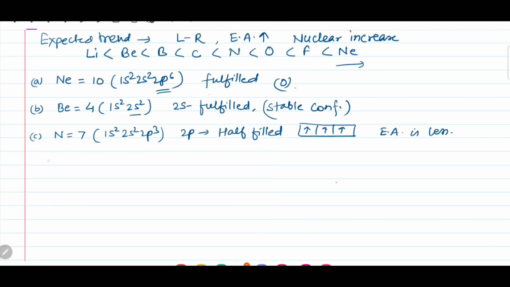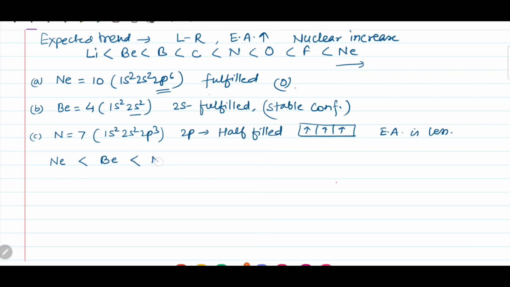So with this data we can write the expected order like this: neon, as it is inert and has no tendency to accept an electron, so its electron affinity is the least. Then beryllium, which is stable and also has a very less electron affinity.